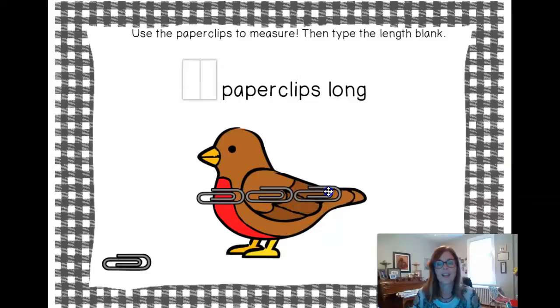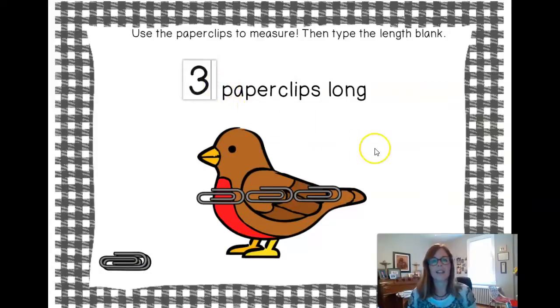And I'm trying to line them up from beginning to end. And you can see that there is a little bit of the bird's tail left, but if I put another paper clip there, it wouldn't be close to a whole other paper clip. So I think it's safe to say that the bird is about 3 paper clips long.